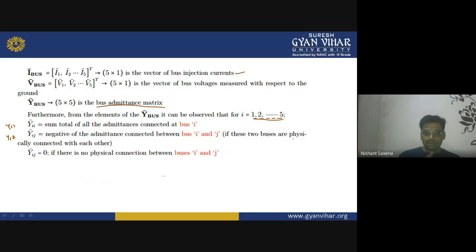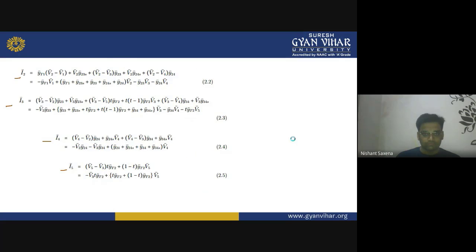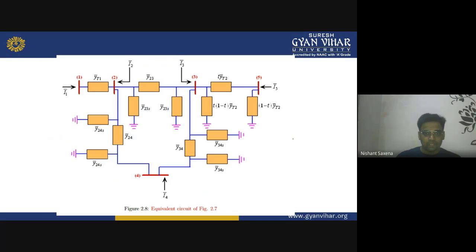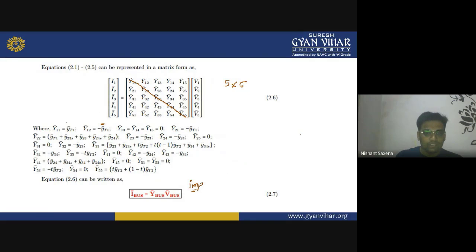If the two buses are not physically connected, for example, bus number 1 and bus number 5 are not directly connected, then the associated elements Y15 and Y51 will be equal to 0.